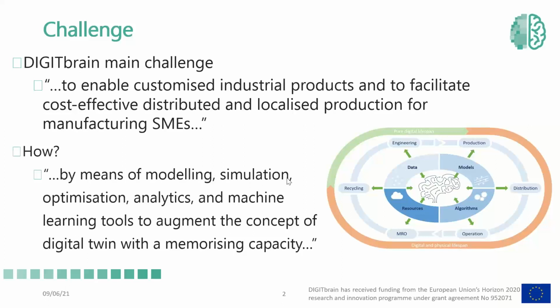So the idea is not only to have a digital twin of an instant of the product or the production, but augmenting the concept of digital twin with memorizing capacity to cover the whole lifetime of the product, from the design through the production, use, and final recycling or discarding.